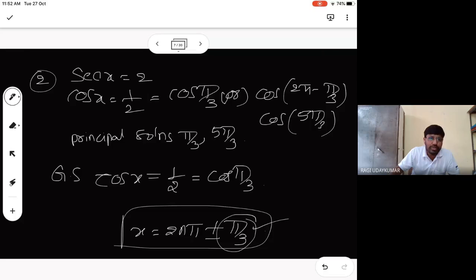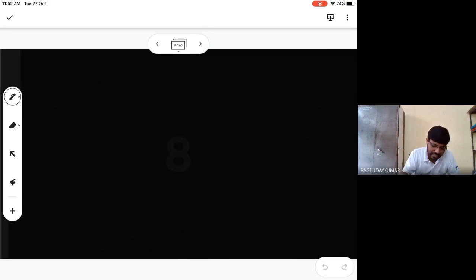And the fourth problem is cosec x = -2. Whenever -2 is given to you, what to do? Let us discuss the fourth problem. cosec x is equal to -2.